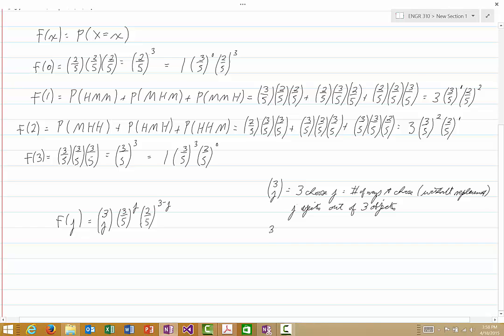And the formula for it is 3 factorial over j factorial times 3 minus j factorial.